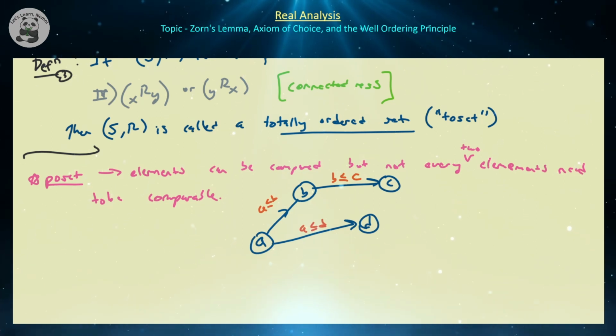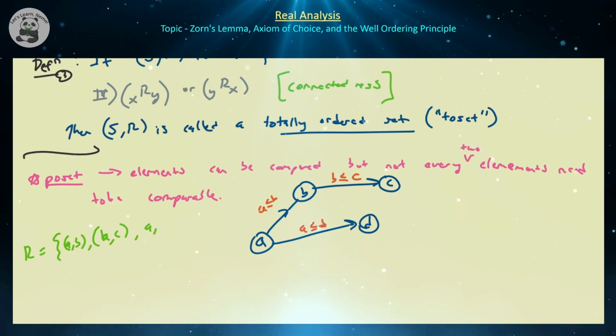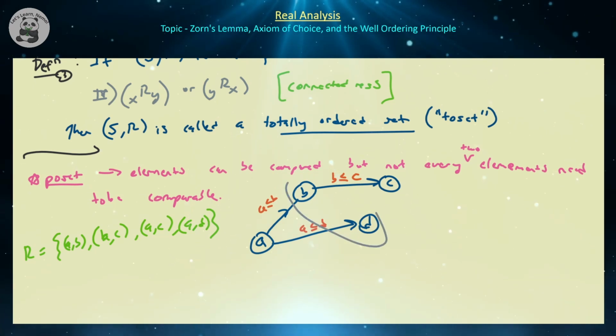So that means if we have this particular relation R, then we have, for example, (A, B), we also have (B, C), and obviously if A is less than or equal to B and B is less than or equal to C, then we also have that A is less than or equal to C. We also have (A, D) in that particular relation, and that's all we got, right? So if somebody were to ask you, well, what about B and D?